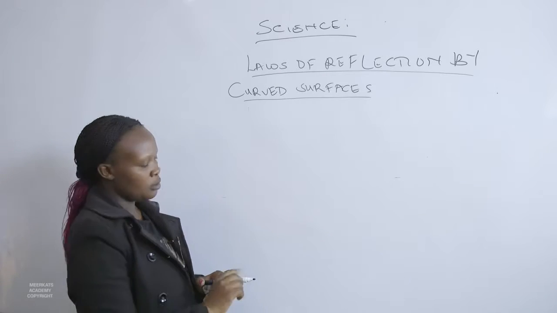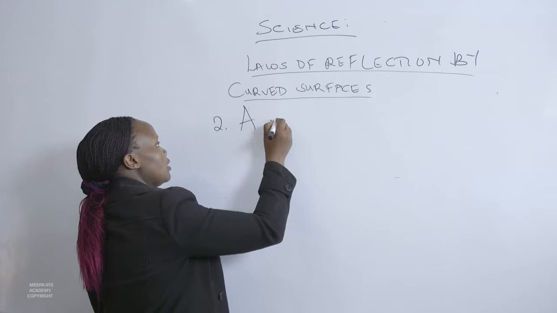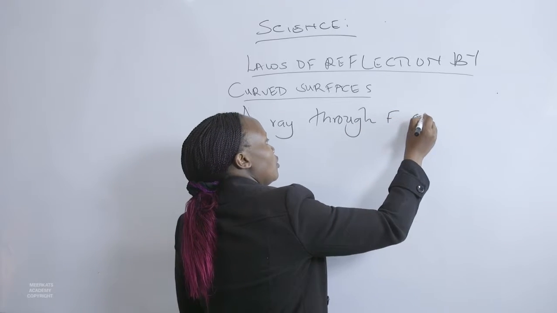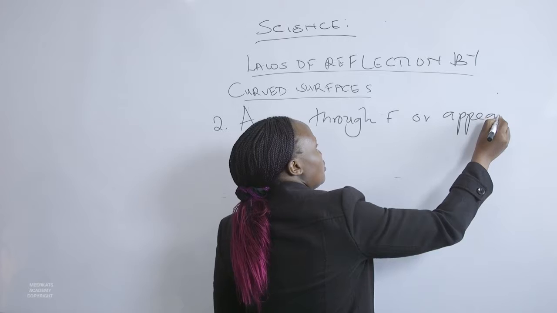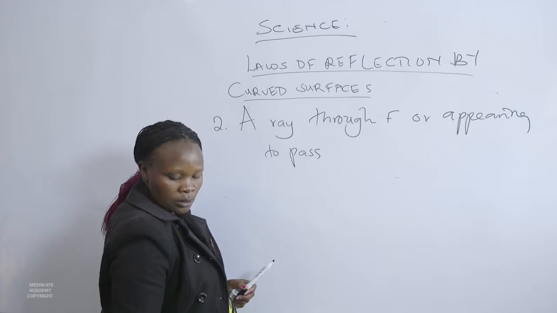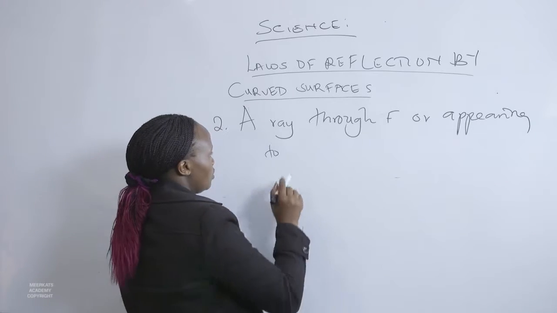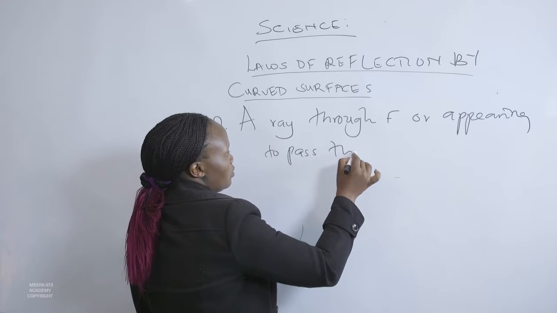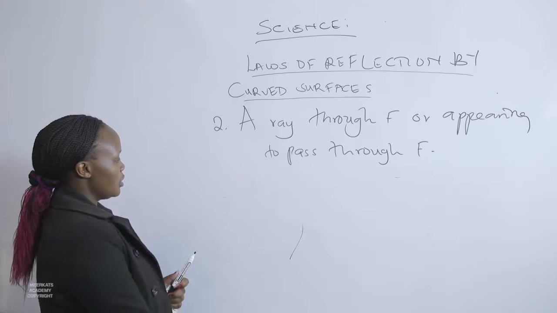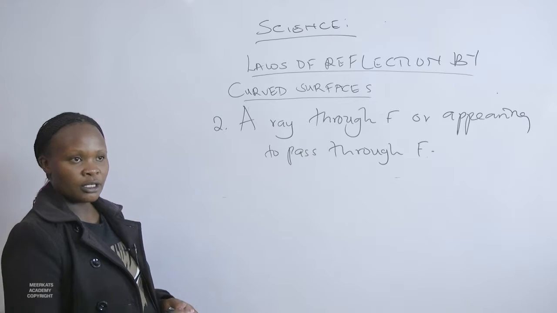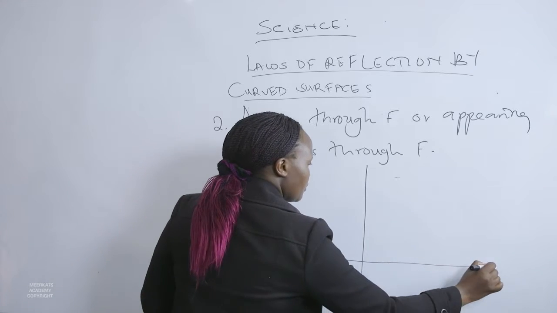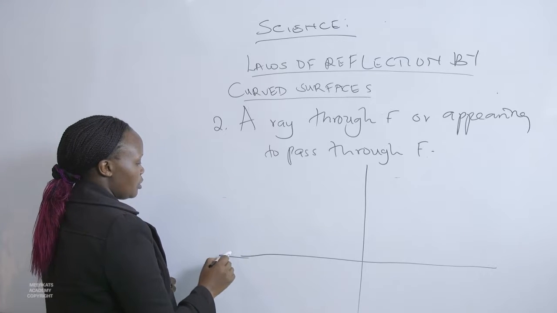Now, number two is a ray through F, or appearing to pass through F. This is the second law, and we equally want to draw and find out how the same is going to be reflected.